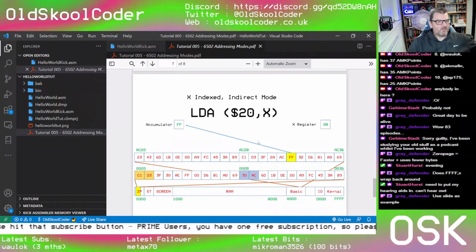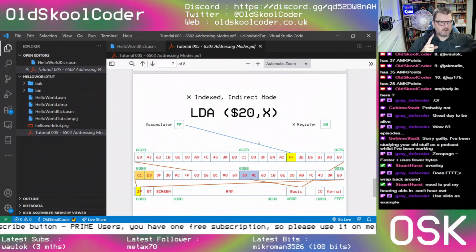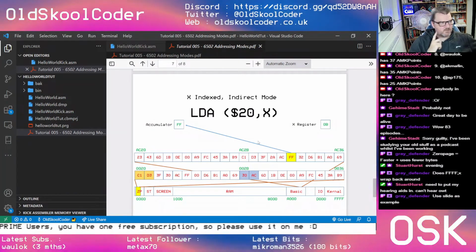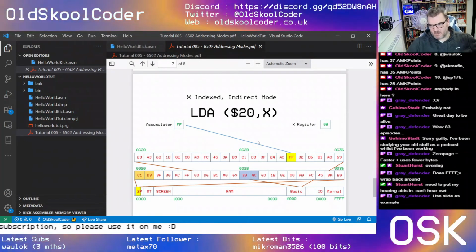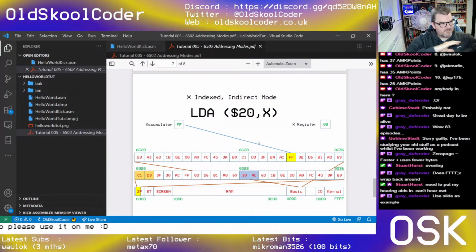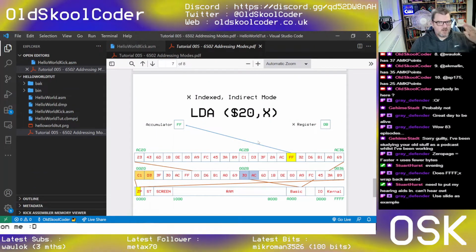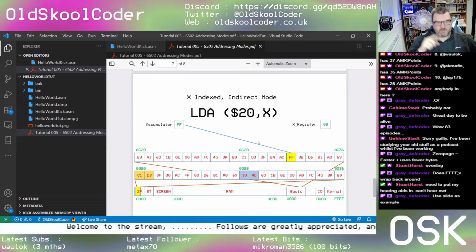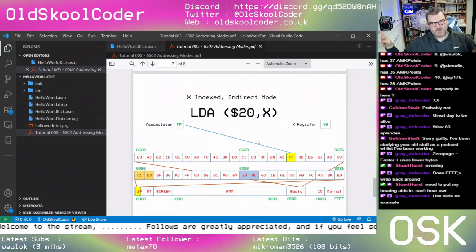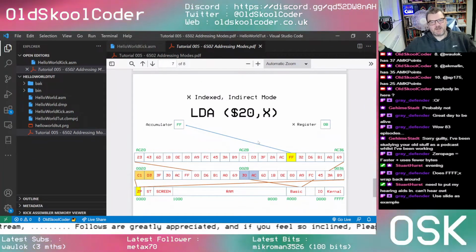Right? But hang on. We've been told that we need to go to the offset of X, in this one, $0B. So you go to the post box $20, and then you go, right, I've got to count up by 11, or $0B. So you count up 21, 22, 23, 24, 25, 26, 27, 28, 29, 2A, 2B.